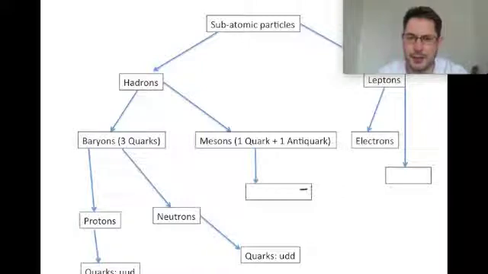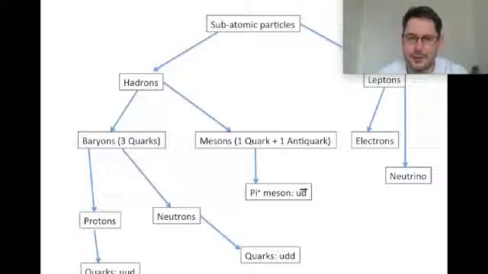We can see that leptons on the right, they can be divided into electrons and also neutrinos. So that's important when we come to later, when we come to balancing beta decay equations. We can see that neutrinos and electrons are of the same category.